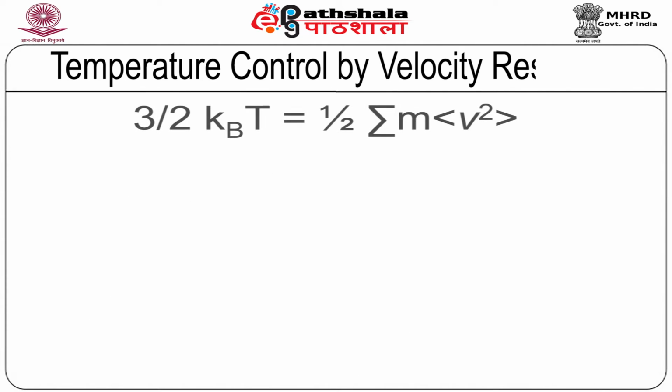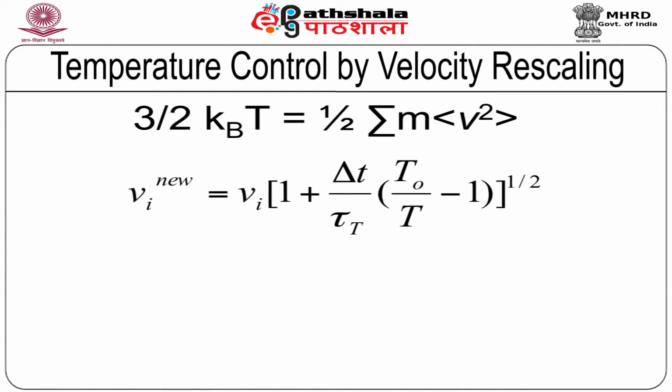Now, using this situation, we can calculate the temperature by calculating the average of v squared, velocity squared. But it may happen that at some point of time my velocity is increased or decreased away from the target temperature. Maybe we are interested in simulating the system at T0, say T0 is equal to 300 Kelvin, but my temperature calculated from the velocities appears to be 100.